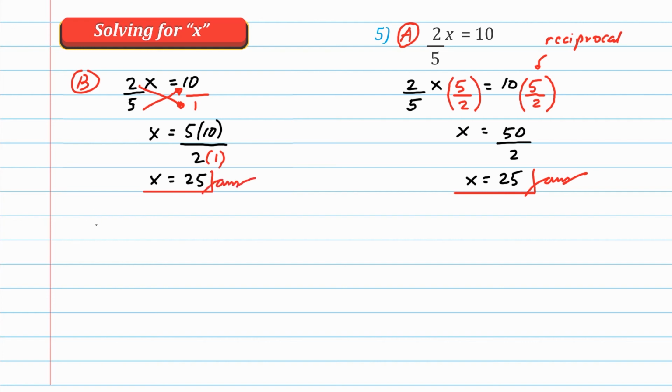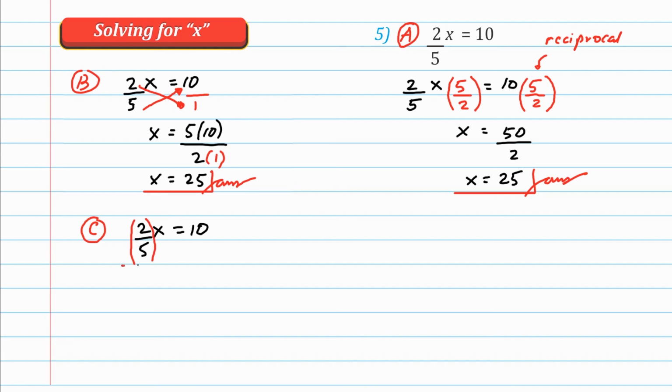However, we have a third way of solving. Of course, there might be other ways, but these are the most common. So let me copy 2/5 x again, and it's equal to 10. Notice, 2/5 is being multiplied by x. Therefore, if we want to counteract multiplication, what do we do? We divide.